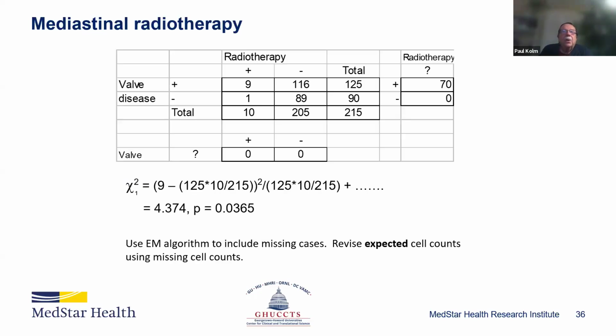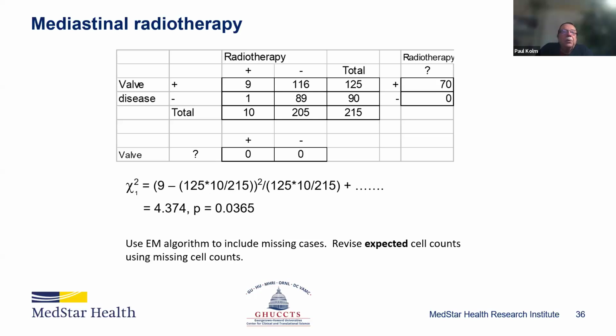So here's our table that we had before, as I showed earlier. Out here we have 70 patients that have valve disease, but we don't know their radiotherapy status, whether it was positive or negative.